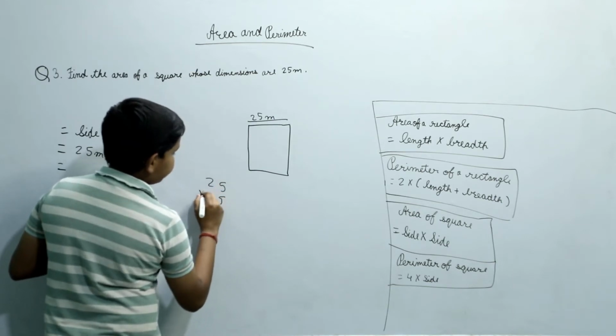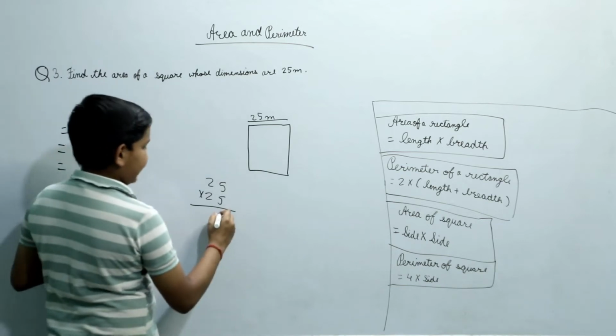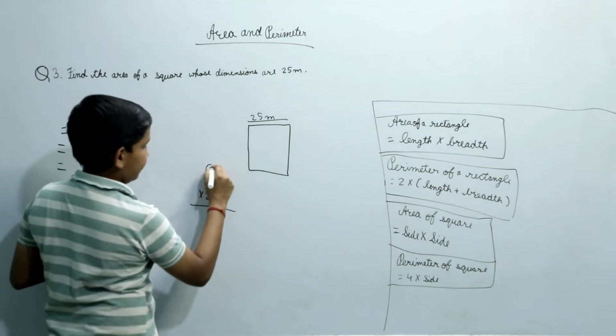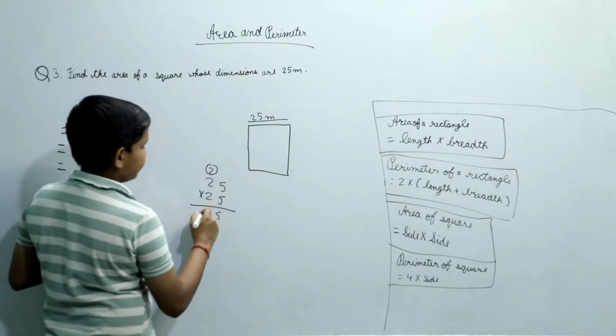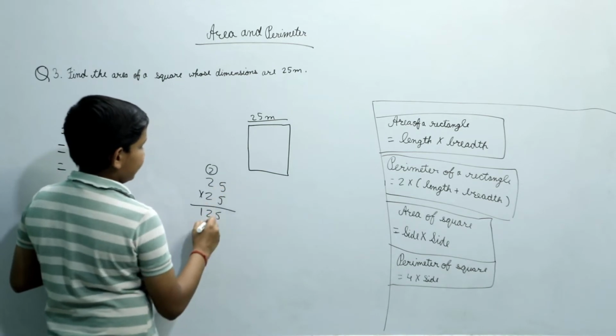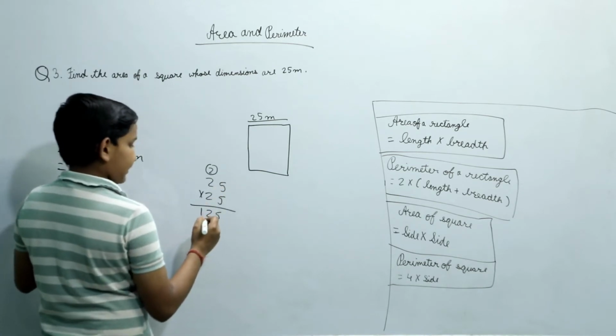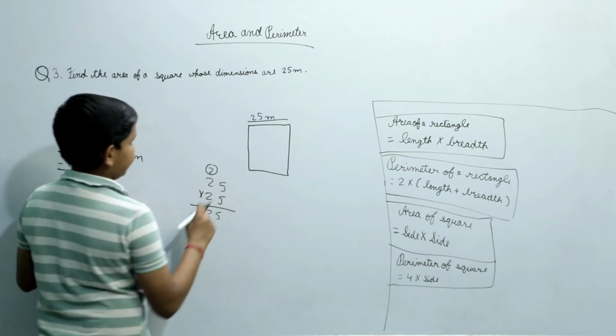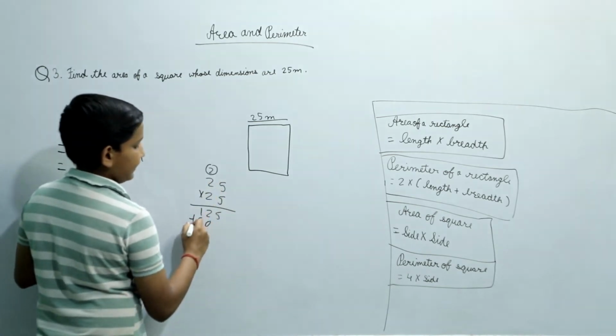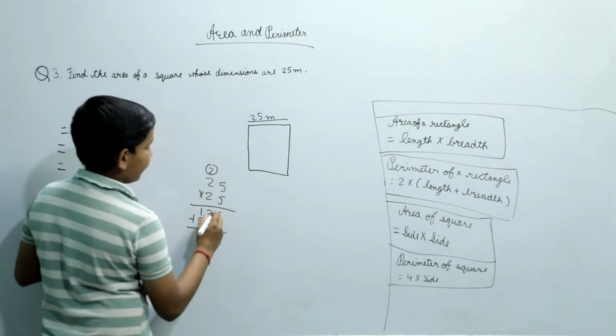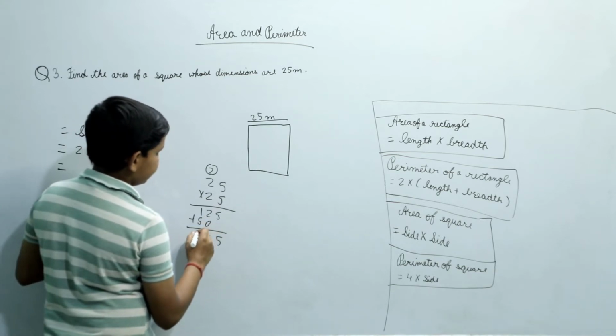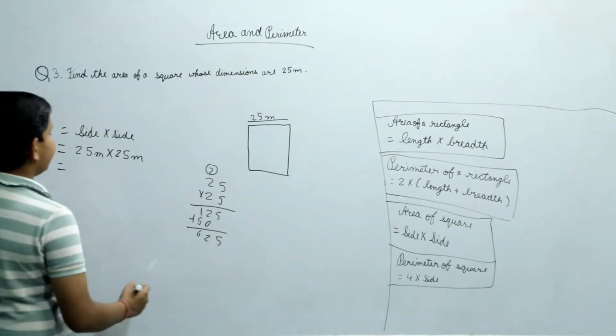Let's multiply. 5 5s are 25, carry 2, 5 2s are 10, plus 2 is 12. 5 2s are 10, 0, carry 1, 2 2s are 4, plus 1 is 5. Now we will add them: 625.